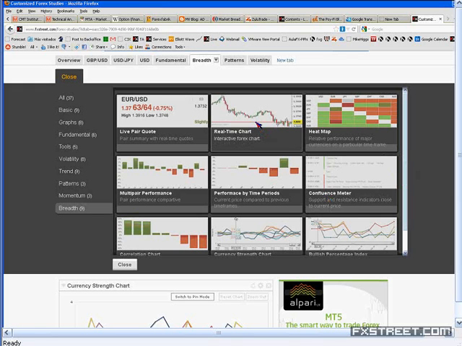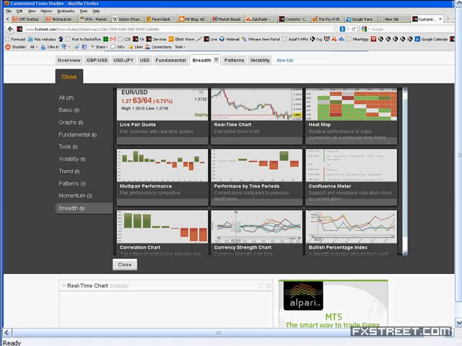You have real-time charts, so you can compare the current situation with a chart displayed in the window. By clicking here, you add a chart. Okay, and here you have it. And there is a lot on fundamentals as well.